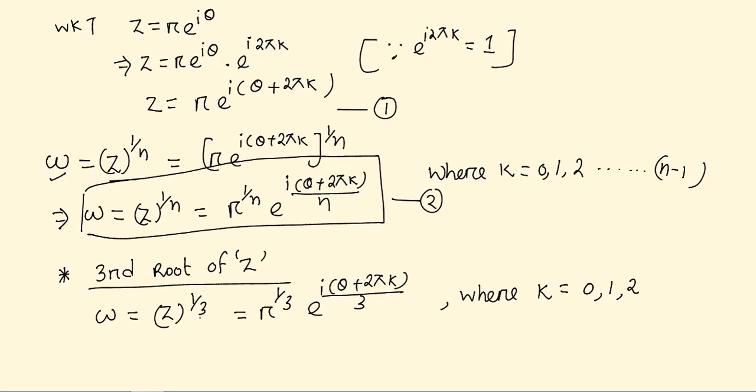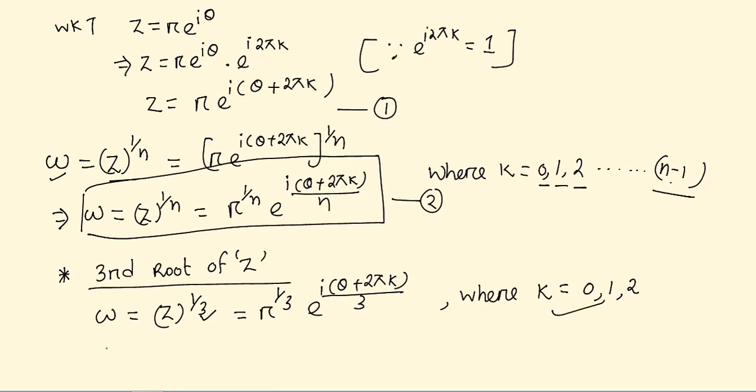See here, the value of n is 3, so the last value will be 2. So we can write k equal to 0, 1 and 2 here.